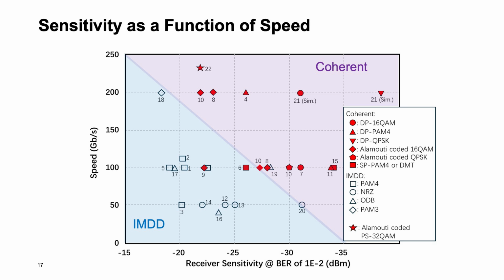So we can see the kind of solution space that each one can work in. In general, IMDD has lower receiver sensitivity at the high speeds, which means you'll need to launch more power. So there's always some trade-off that you have to make. And then obviously coherent, we already know that does very well in long haul and achieves very good sensitivities at very high speeds.